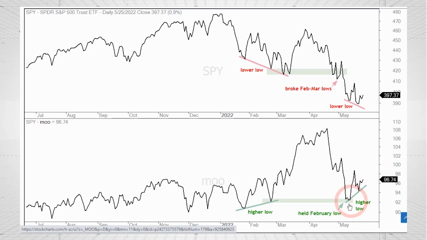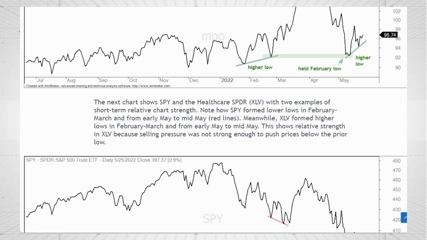And then if we look short-term here in May, we look at SPY and we can see a lower low. We have a double dip in May from early May to late May, a lower low. And we look at MOO and it's got a higher low. So this one is showing relative strength, and of the few stock-based ETFs that I want on my radar as potential longs, this would be one of them.